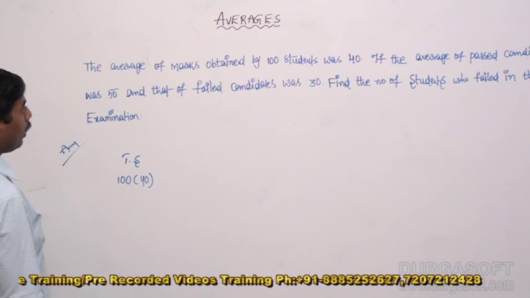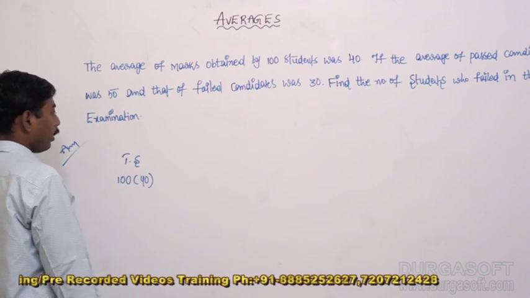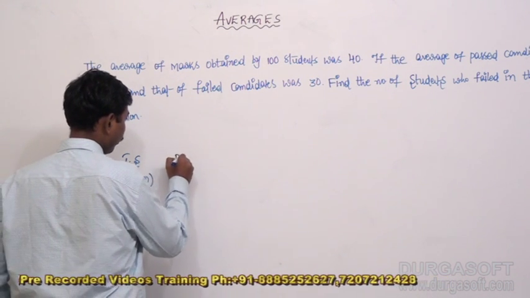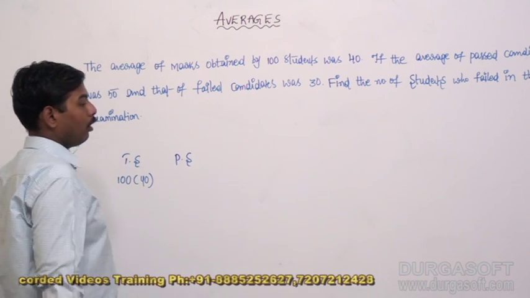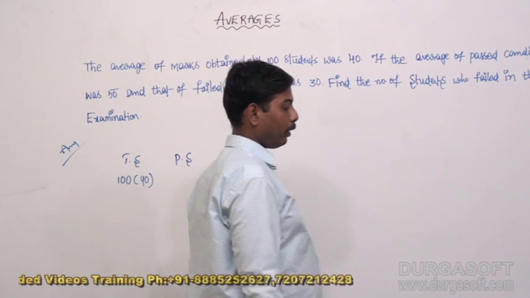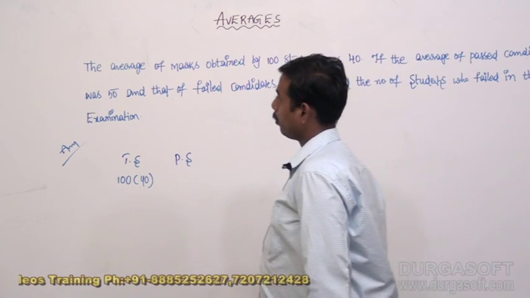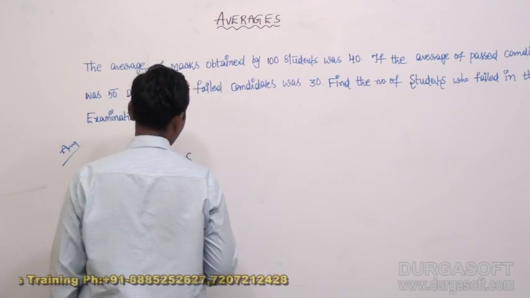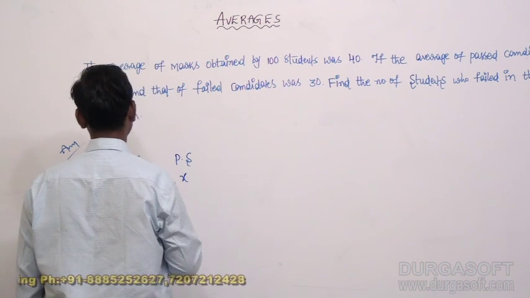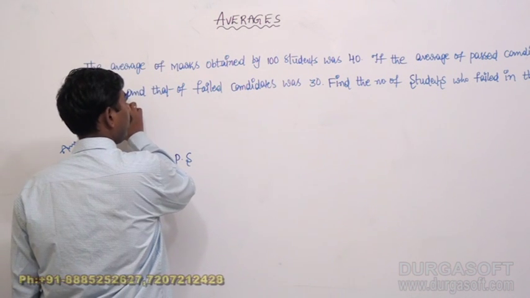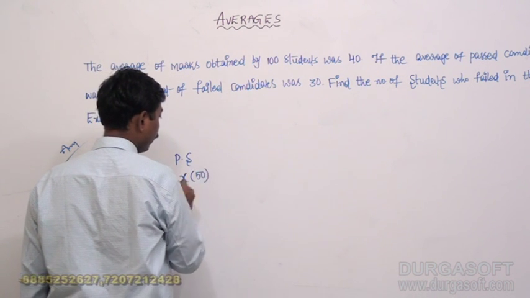Great. The average of the passed candidates was 50. In that 100, some people qualified in the examination, that means passed. Out of 100, we don't know how many passed. Let's suppose X number of students passed, and their average is 50.